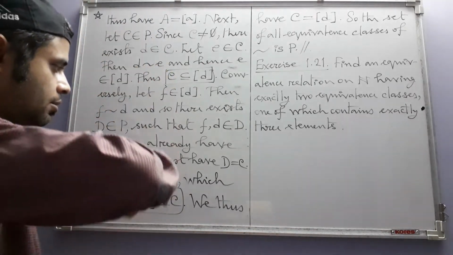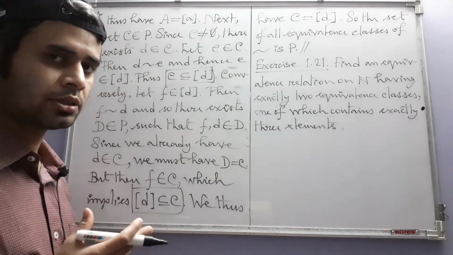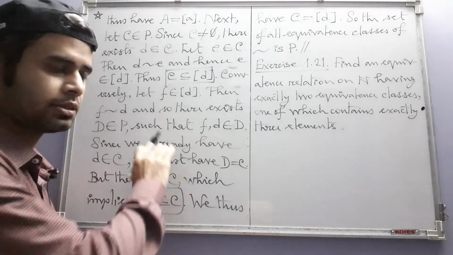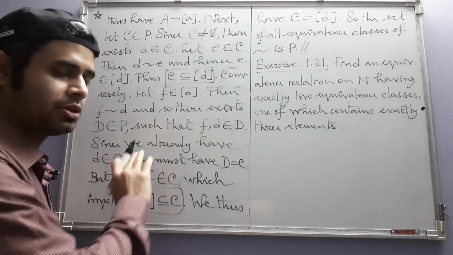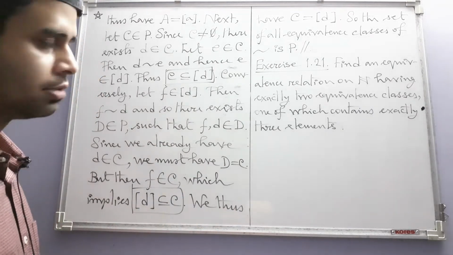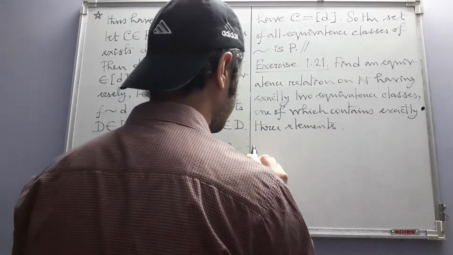Because of the one-to-one correspondence between equivalence relations and partitions of a set that we have seen in the previous exercise, we can easily use this idea to define such a relation.